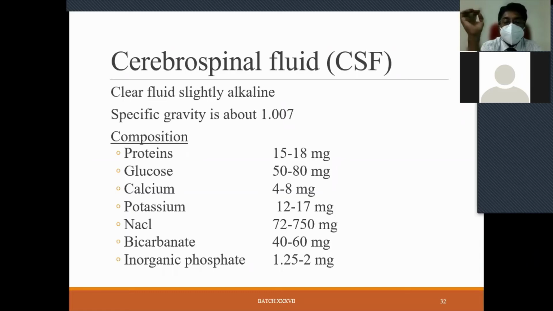The specific gravity is about 1.007, and you know that the specific gravity of water is 1, so this is very, very similar to that of water. It contains proteins at about 15 to 18 milligrams per liter, I suppose. Then glucose.